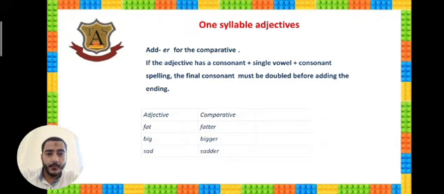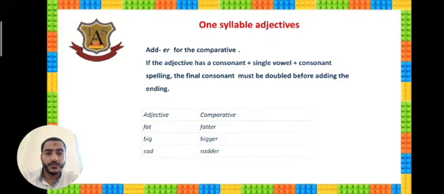Big: B consonant, I vowel, G consonant. So we have to double the last consonant, the letter G. It will be bigger, B-I-G-G-E-R. Sad: S consonant, A vowel, D consonant.